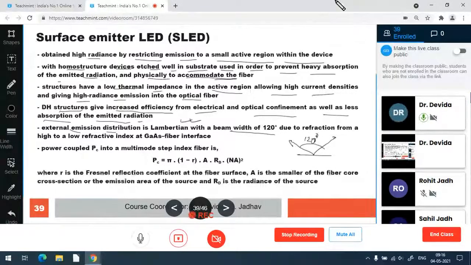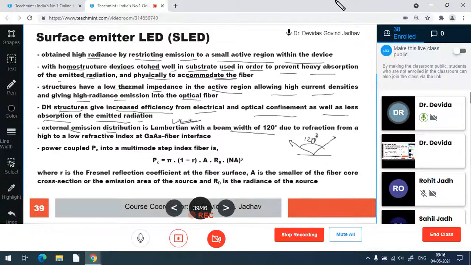This is called Lambertian distribution of the optical photons. It is not a pencil-like beam. Surface emitting LEDs do not give a pencil-like beam. They give a Lambertian distribution of the order of 120-degree divergence.